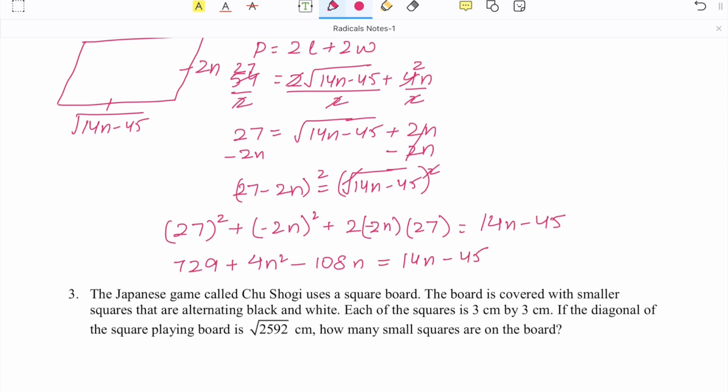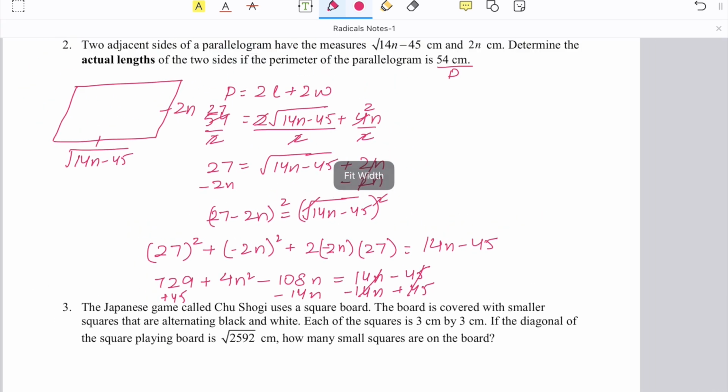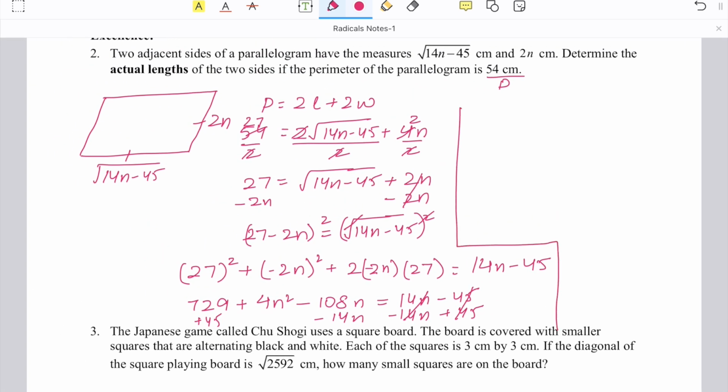Move everything onto one side, so subtract 14n on both sides, and add 45 on both sides. 45 minus 45 is 0. 14n minus 14n is 0. 4n squared minus 108n minus 14n is minus 122n, plus 729 plus 45 is 774, equal to 0. Now you just need to solve for n. You can either use product-sum factoring or the quadratic formula to do so.